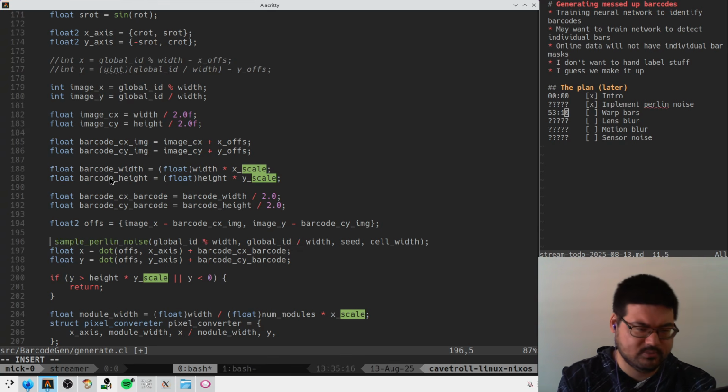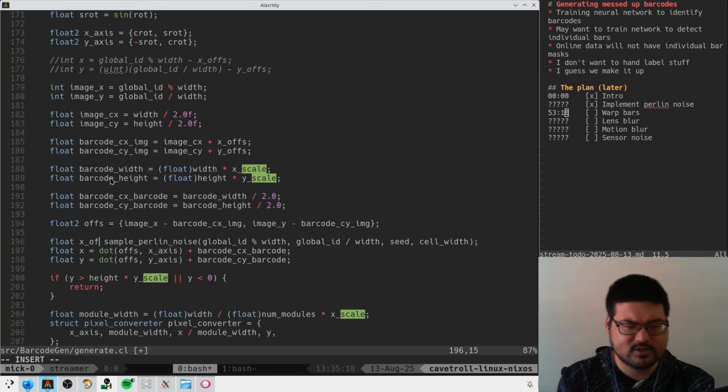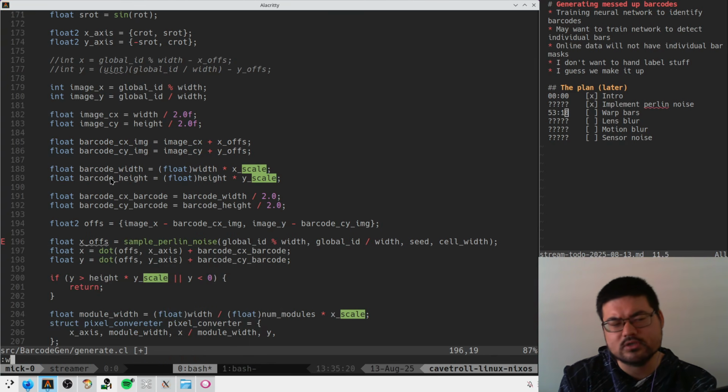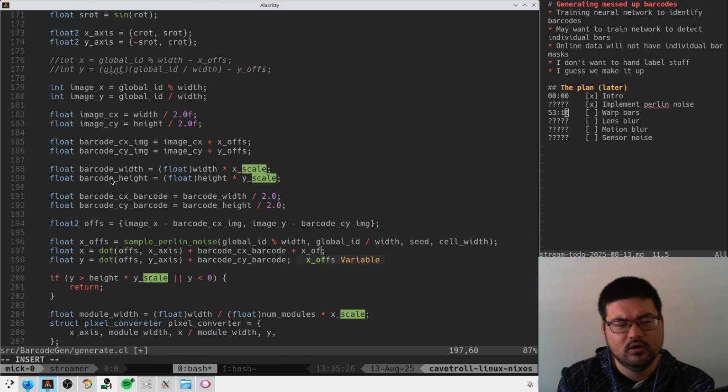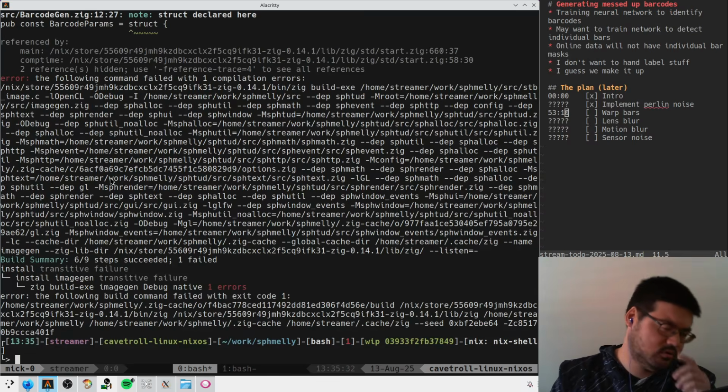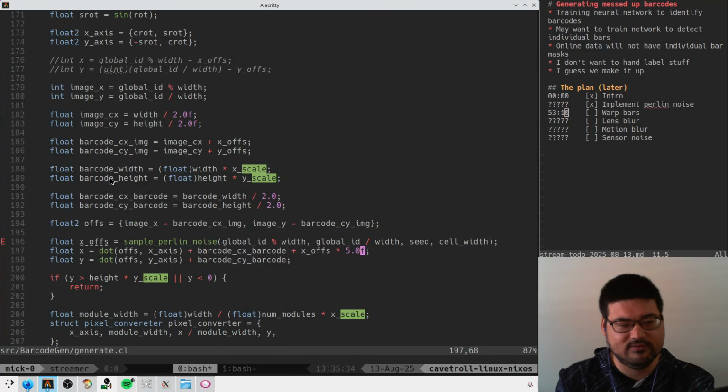So can we just call this X offs? This is only giving us one dimension of offset though, which is a little bit interesting. We can start there, but we have to figure out what we're doing with this after.